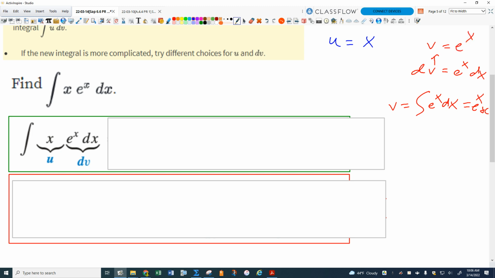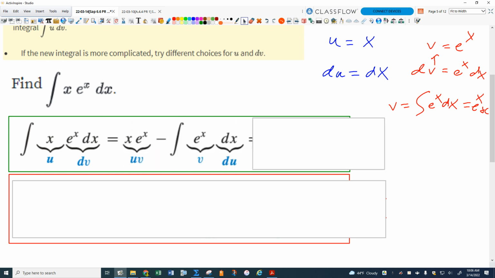How about on the other side? If u equals x, what does du equal? dx. It just equals 1 dx, right? So that's what we get if we plug into our formula. Remember, the integral of u dv equals uv minus the integral of v du.